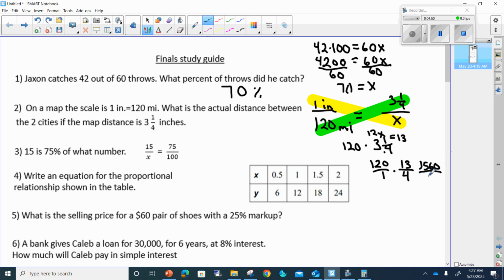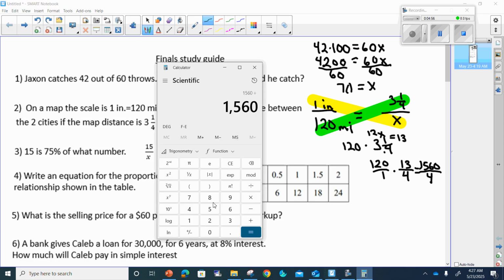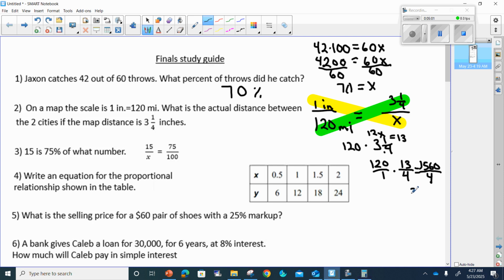And now we have to divide it by 4 to get our answer. Dividing this by 4 gives me 390. So my answer is 390 miles.